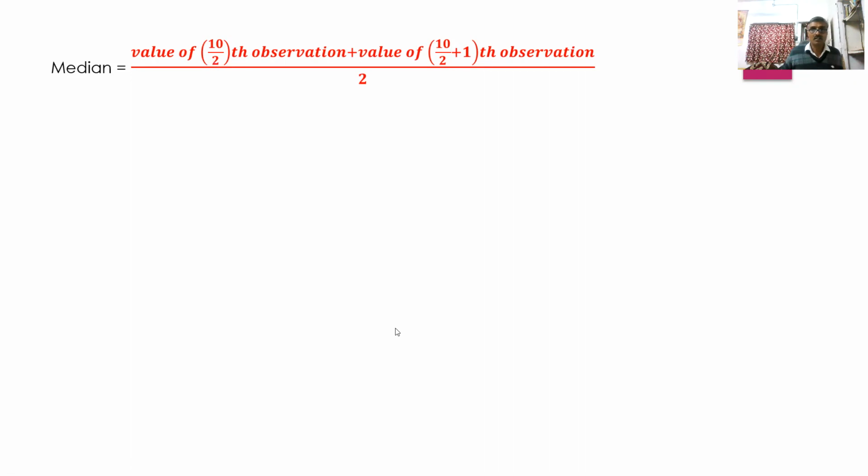Here 5 has come. 5 plus 1 is equal to 6. So the fifth and sixth terms are the medians.